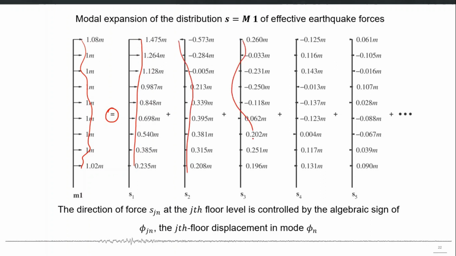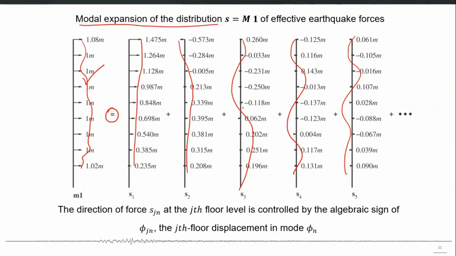So if you look at the direction of these forces, they correspond to mode shapes like this. This is the fifth mode and so on. So you can sum these forces to reproduce the same spatial distribution. This is the idea called modal expansion of a particular vector.